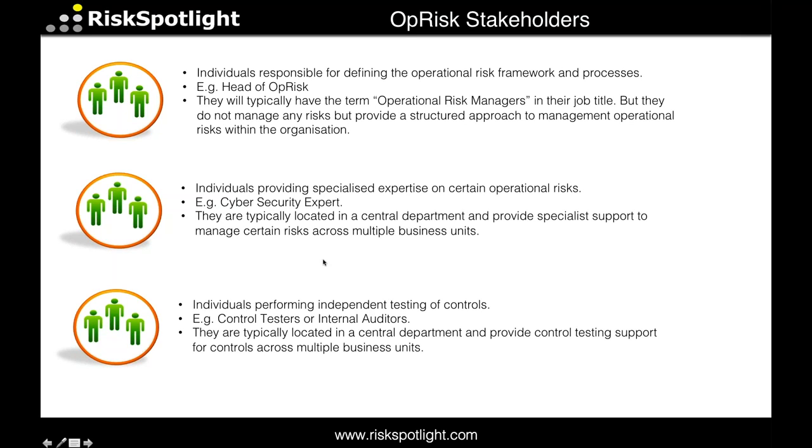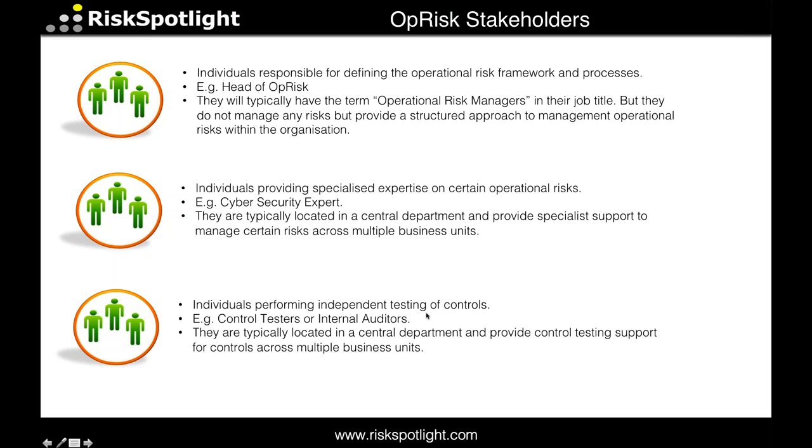Okay. The next one is also something we've started to see over the last couple of years. There are individuals who are responsible for independent testing of controls. So there are people who are performing the controls, but in this case, the regulators have also required that somebody independently goes and validates that those controls are working.